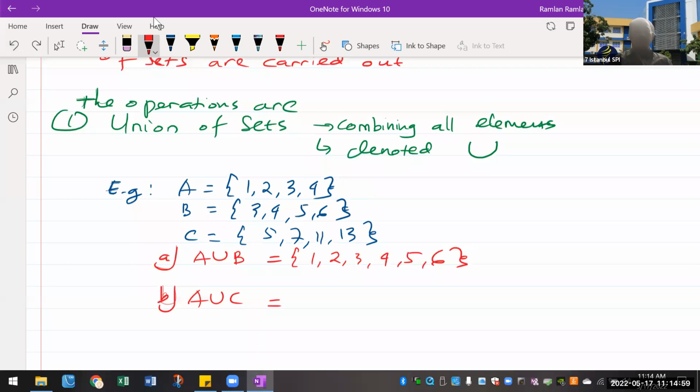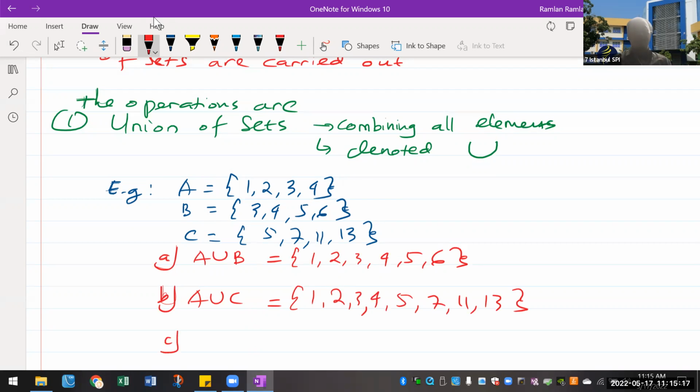So that will be 1, 2, 3, 4, all from set A, and then 5, 7, 11, and 13 from set C. All of the members are different, so they are distinct.